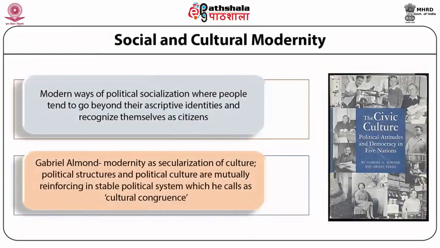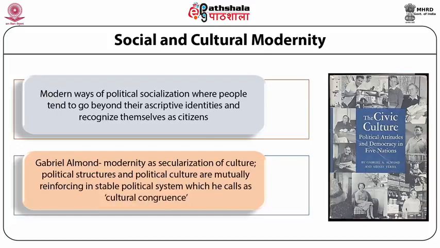Let me come to the third important type of modernity, which is social and cultural modernity. Social and cultural modernity mainly implies modern ways of political socialization, where people tend to go beyond their ascriptive identities and recognize themselves as citizens.